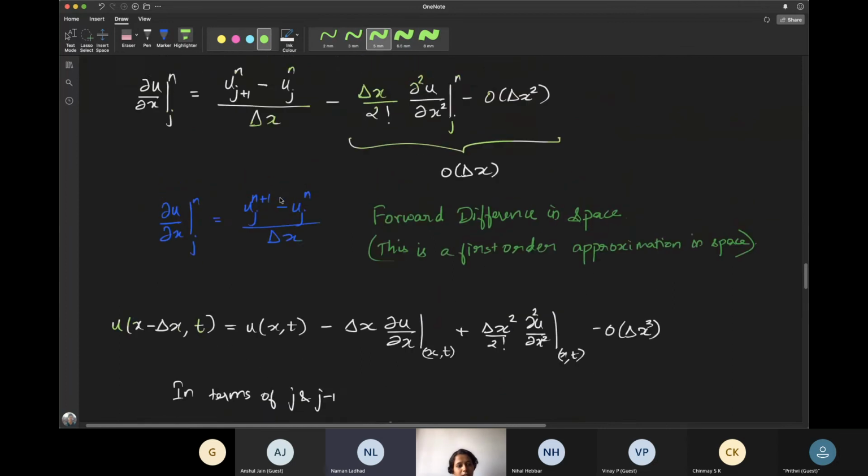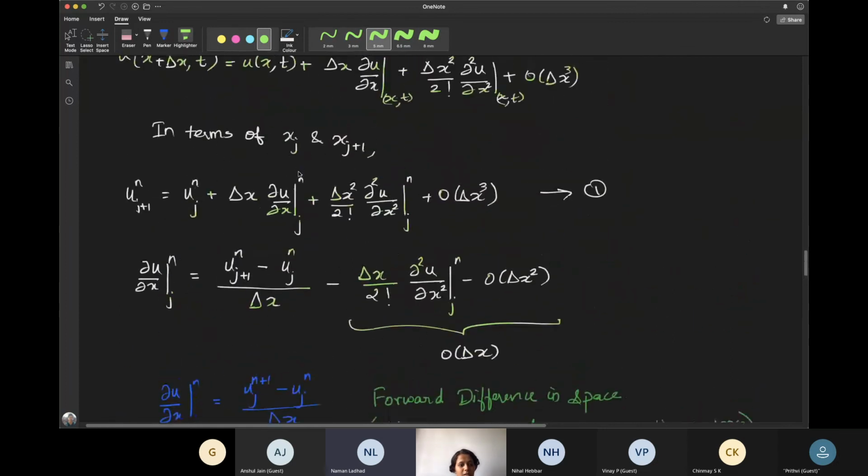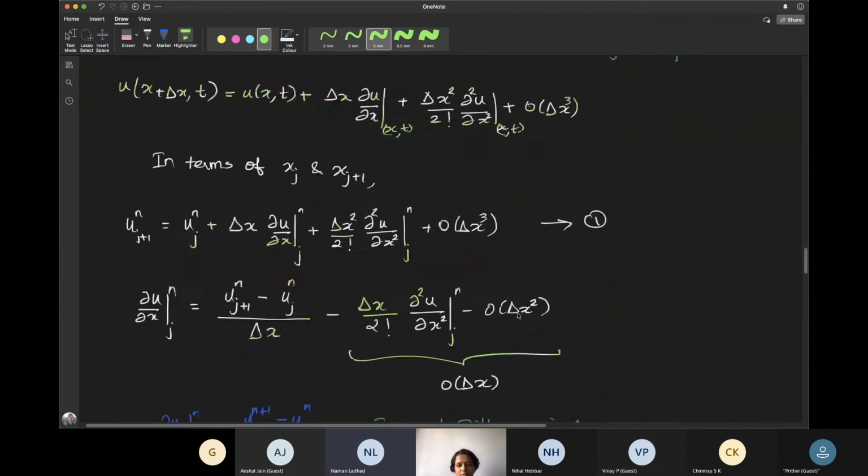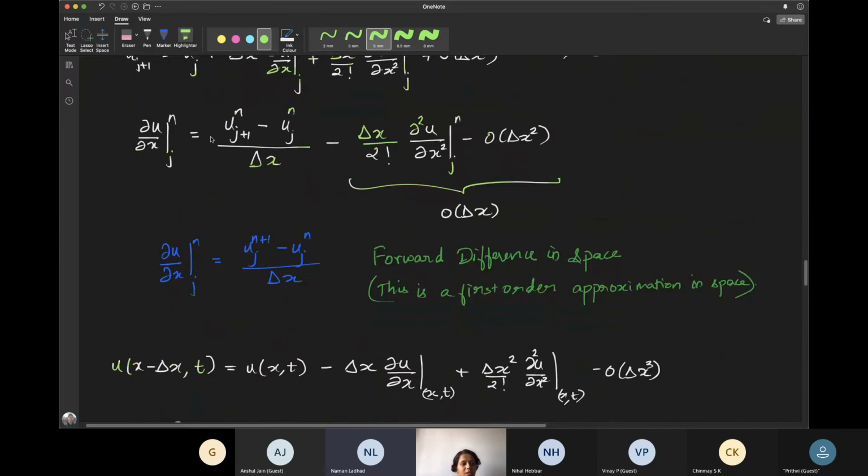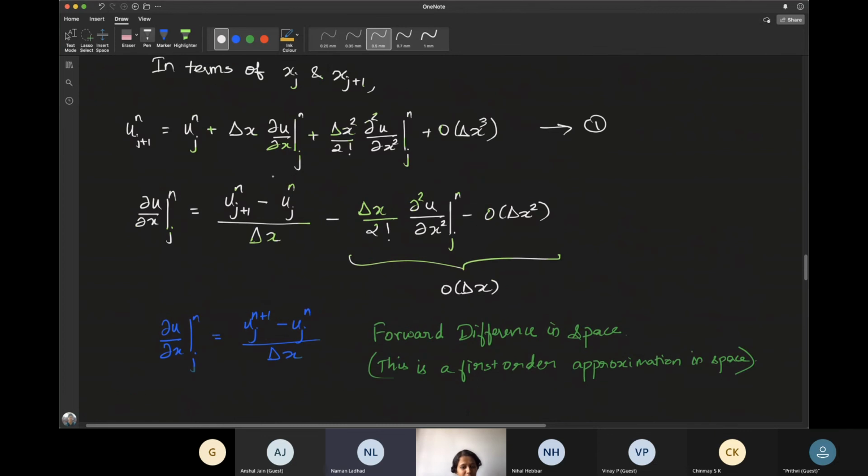Over there, n plus 1 is written. Where? The blue, the final equation in blue. It's j plus 1, the difference formula. u of j plus 1 of n minus u of j and n. The one in blue, ma'am. Yeah. Okay.